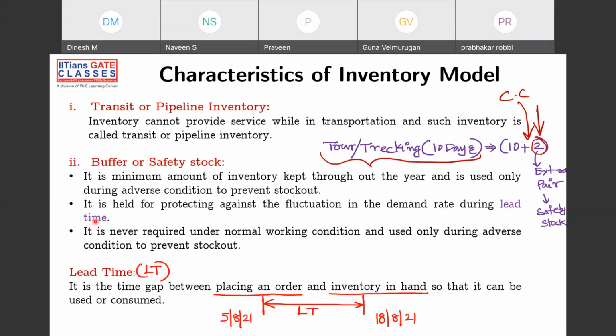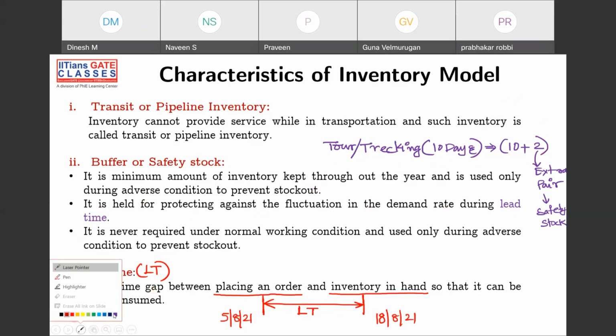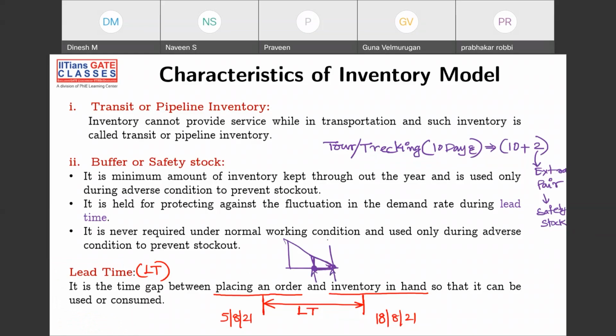Lead time. Now comes lead time. What is this lead time? Okay, fine. So let's assume that we are ordering something. I told you already, as this is getting consumed, we have to order a little more before, so that by the time this thing is coming to zero, the shipment that will come on this day will refill it, isn't it?